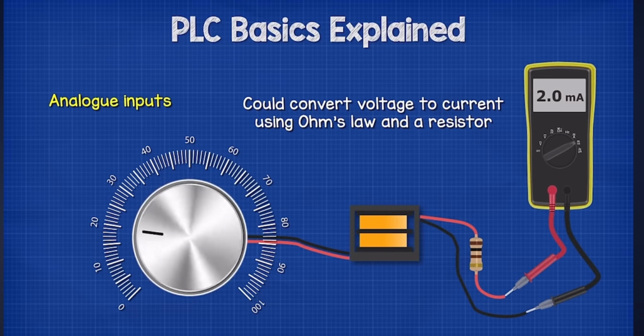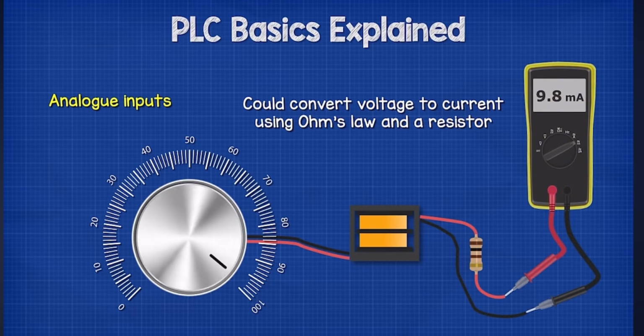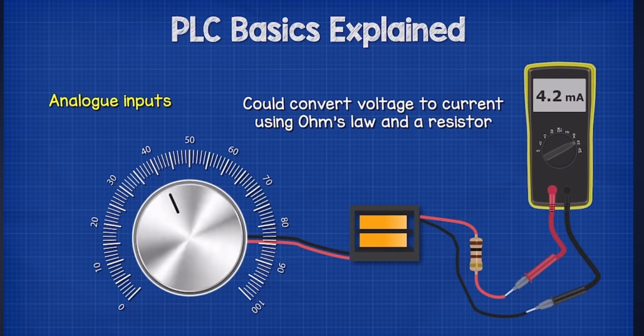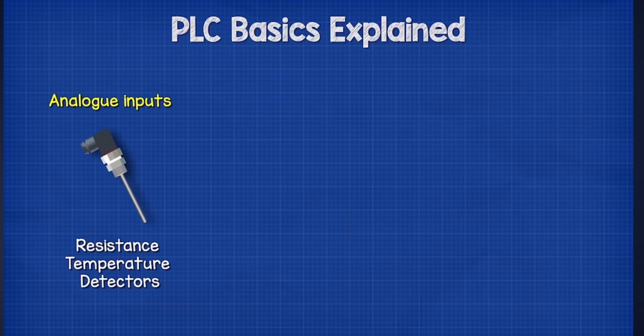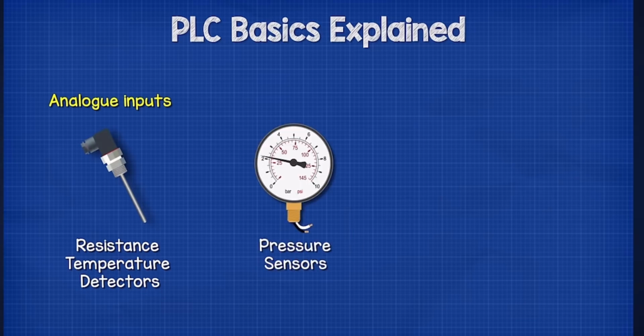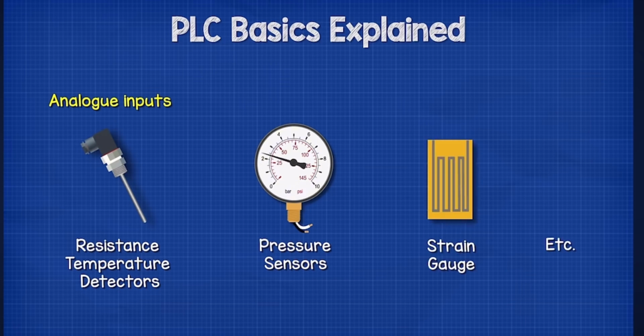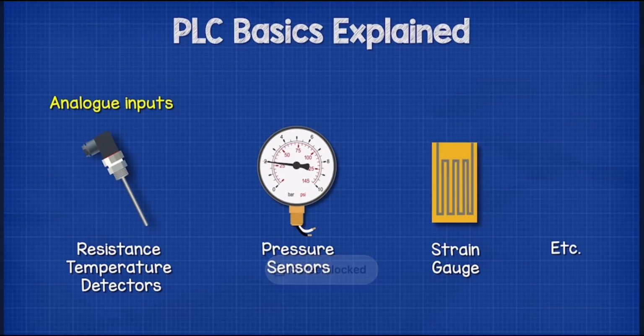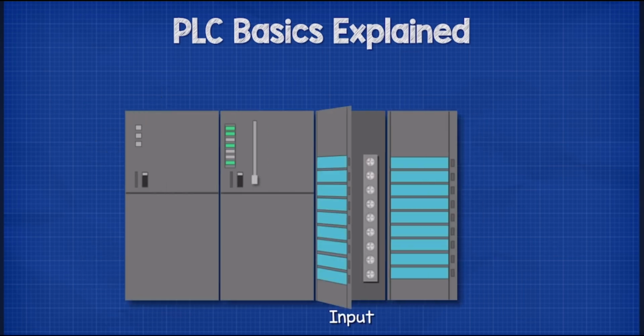The amount of current, usually measured in milliamps, tells the PLC whether something is performing between on and off. These inputs can be, for example, a thermocouple or a resistance temperature detector. It could be a pressure sensor or perhaps a strain gauge. These voltages or currents are converted into a digital equivalent number that can be understood by the CPU. We will look at that later in this video, so don't worry about it now.